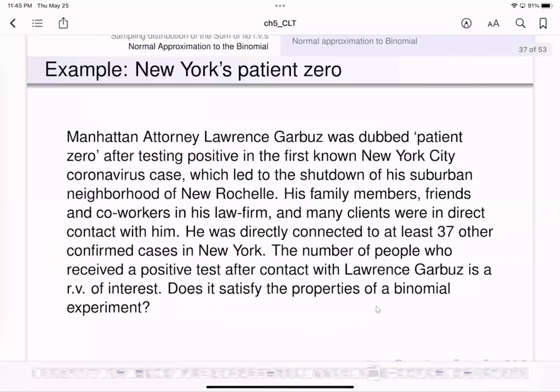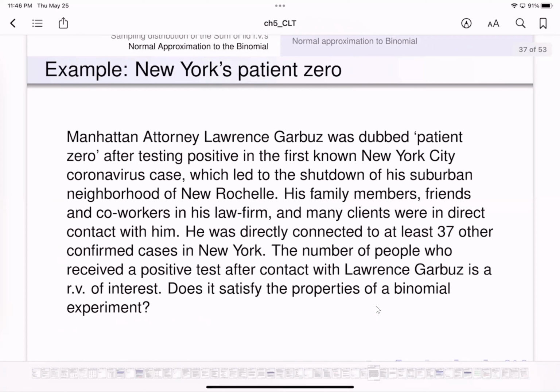Here's one example. We're looking at Manhattan in New York, where attorney Lawrence was the patient 0 after testing positive in the coronavirus case in New York City. His family members, friends, co-workers in his law firm, and many clients were in direct contact with him.